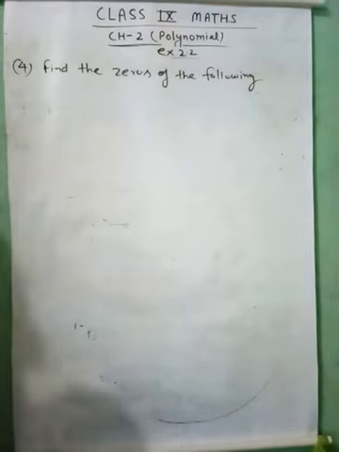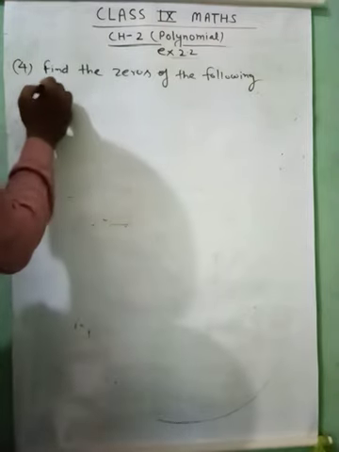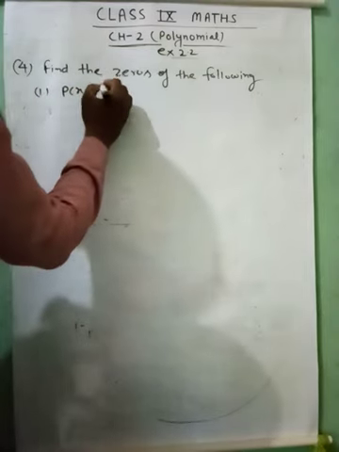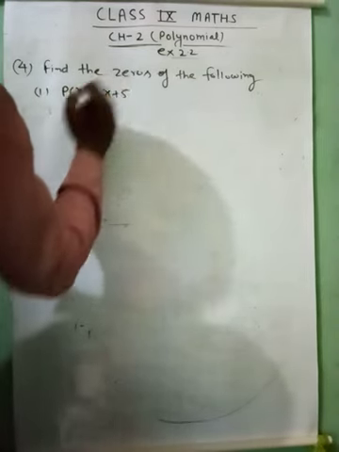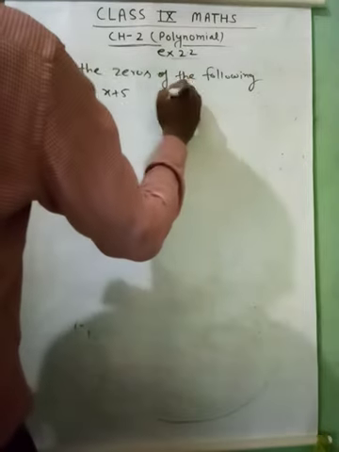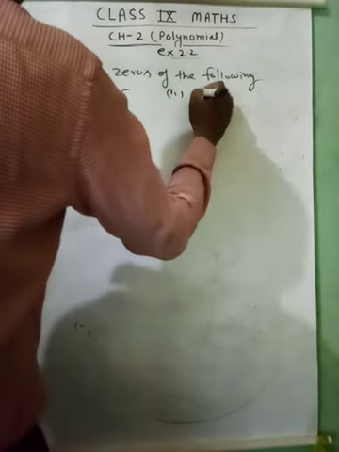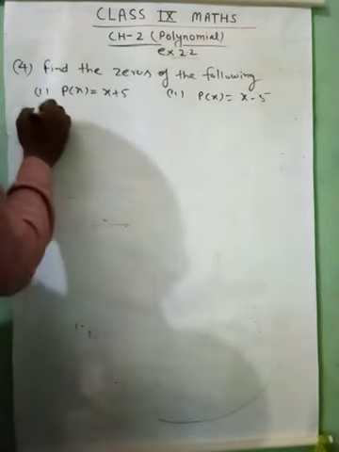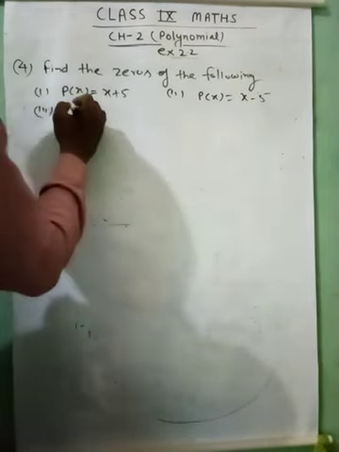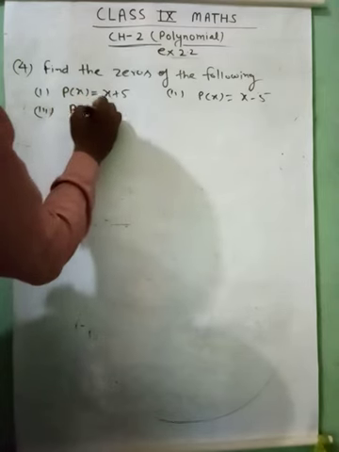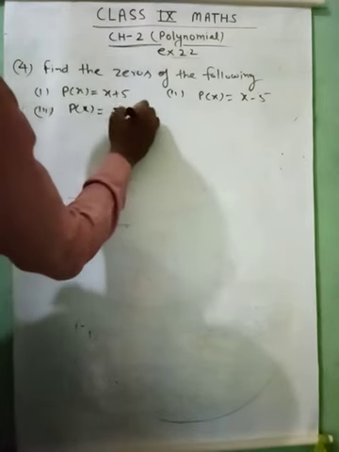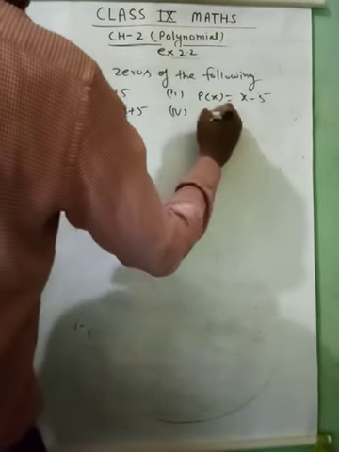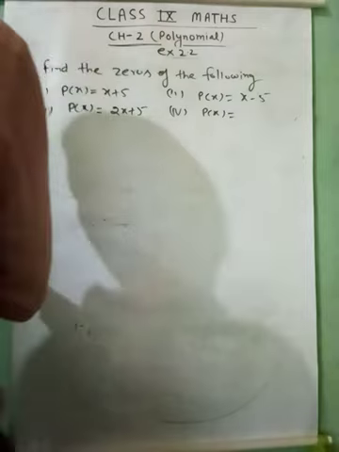Question number first is p(x) is equal to x plus 5. Second question, p(x) is equal to x minus 5. Third question, p(x) is equal to 2x plus 5. And fourth question is p(x) is equal to x plus d.